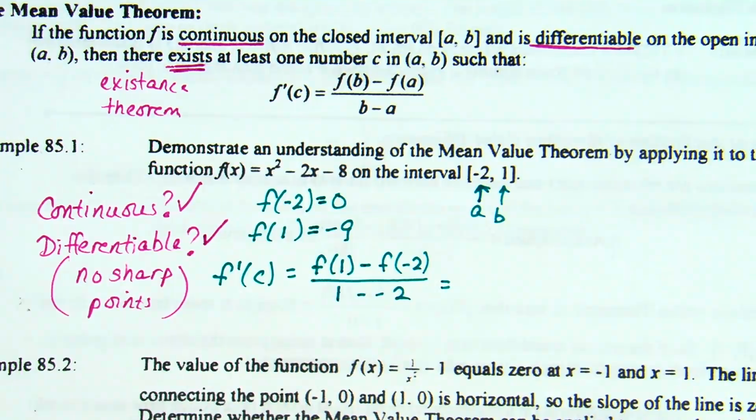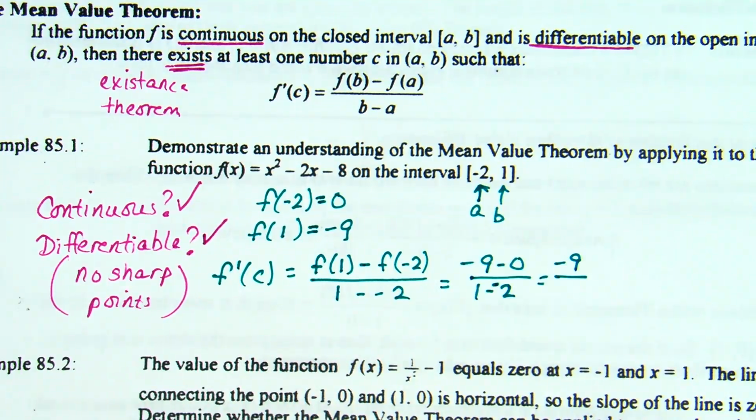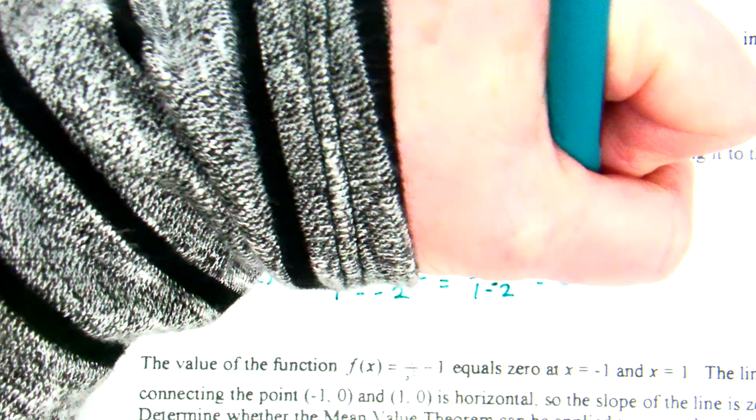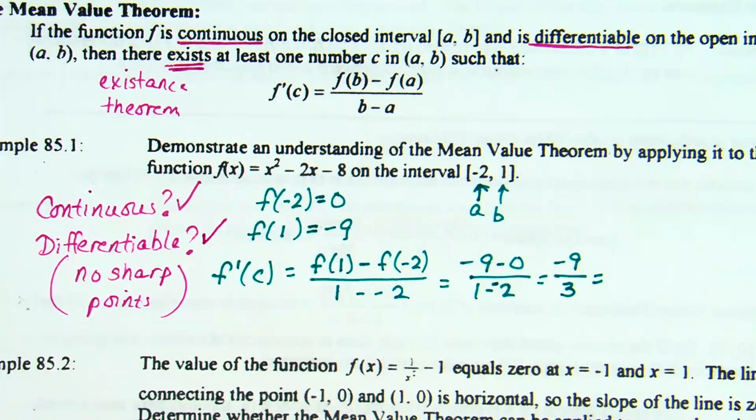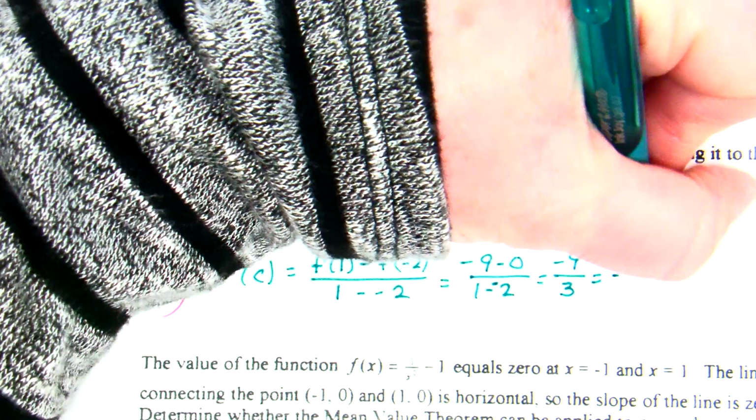I'm trying to figure out what f of negative 2 and f of 1 are. Okay. Negative 2 squared becomes positive, so that's going to be 4. Minus 2 times negative 2 is going to be plus 4. So 4 plus 4 is 8, and minus 8 is 0.